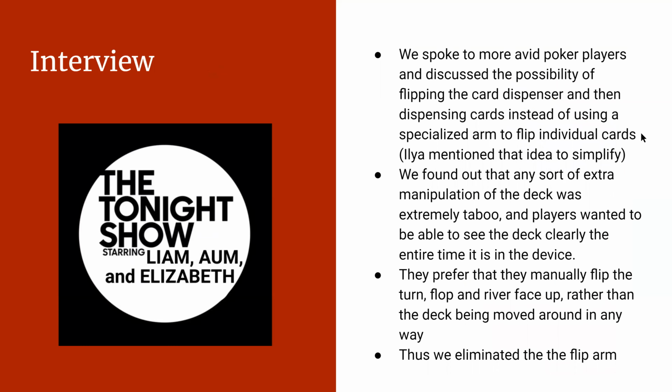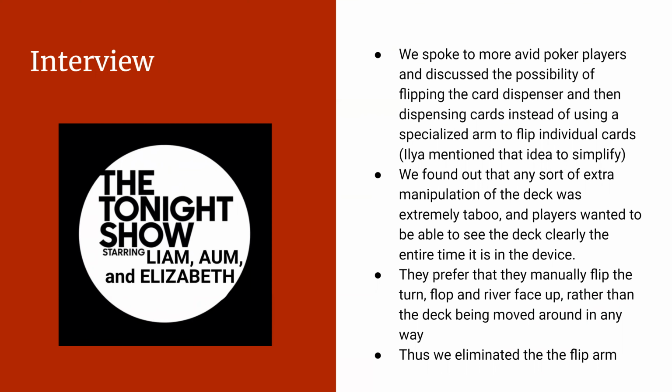As we were talking to another avid poker player, we were discussing the possibility of flipping the dispenser itself in order to deal the cards face up for the flop, the turn, and the river. This was an idea mentioned to us by Ilya that could be helpful in simplifying how we do it.